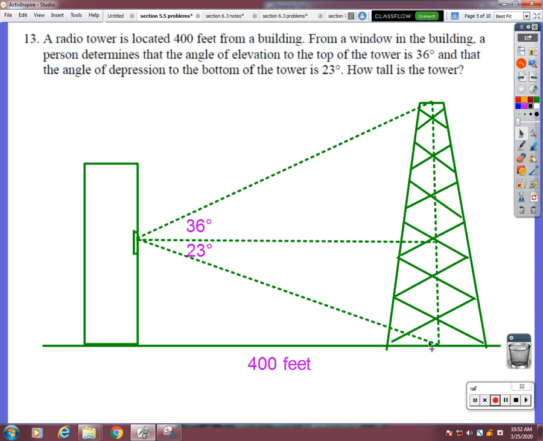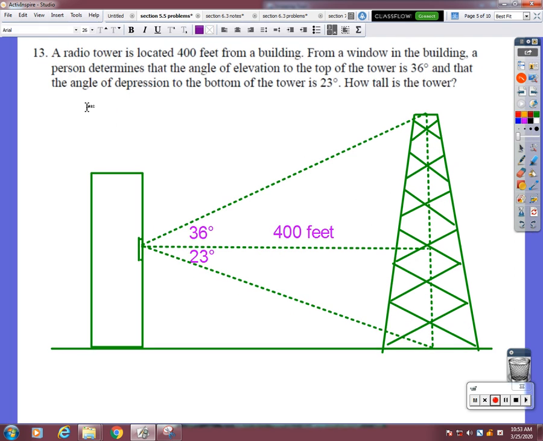So this time all we know is that this is 400 feet, but we can very quickly say that if that's 400 feet, this is 400 feet, and that's going to make this problem a lot easier. So now I'm going to break this up into 2 triangles, the one on top and the one on the bottom, and use those triangles to figure out the total height. Okay, so let's do the top one first. I'm looking for the opposite side.